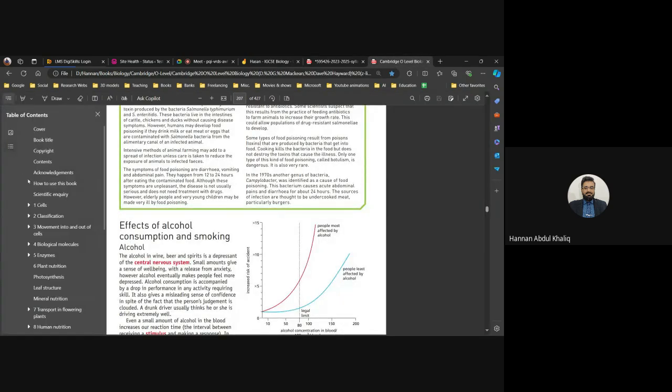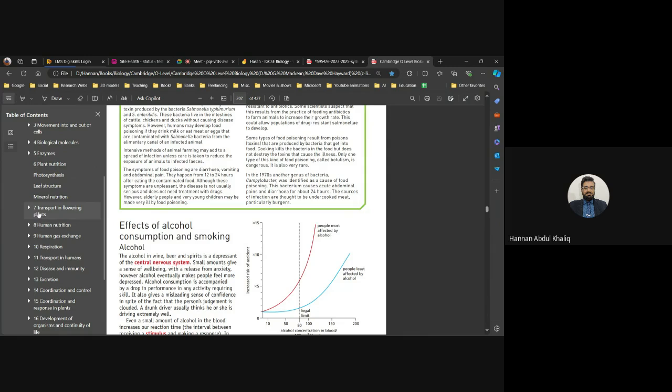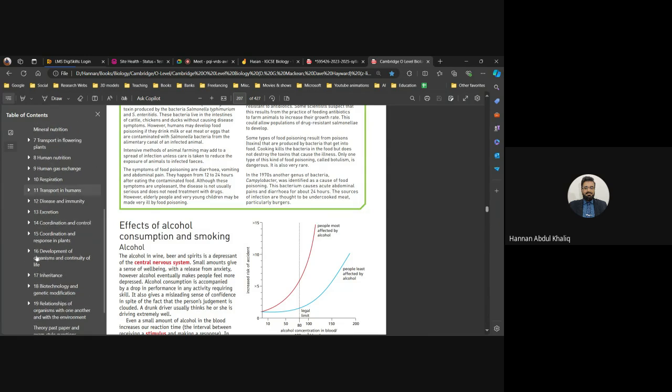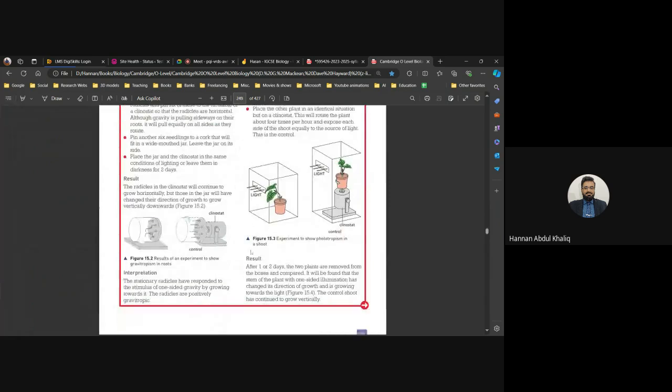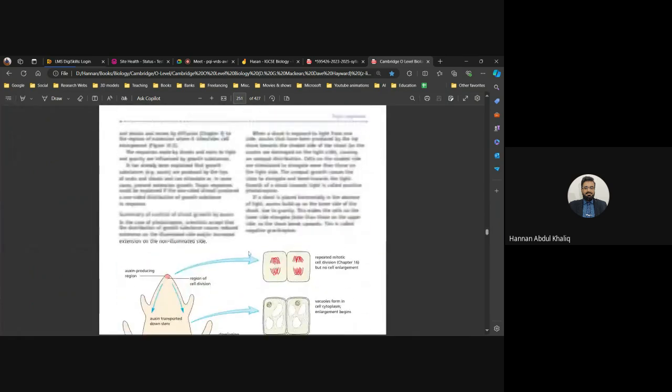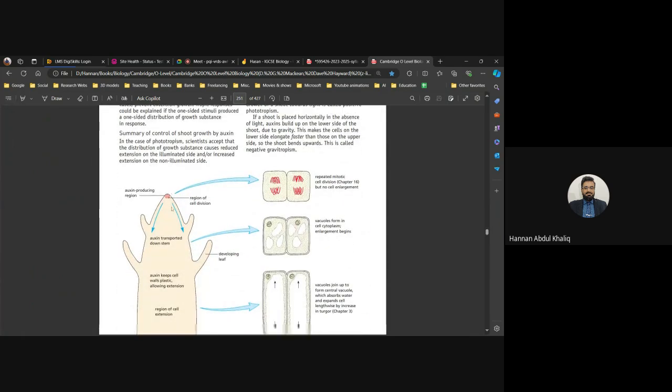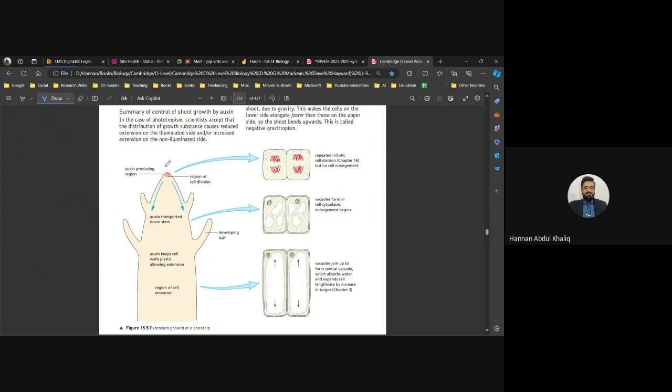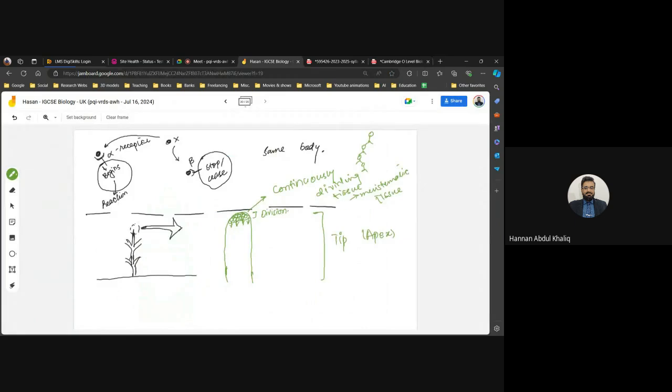Let me open the picture so that I don't have to draw much. Look at this. This is the point of meristem where the cells are continuously dividing.